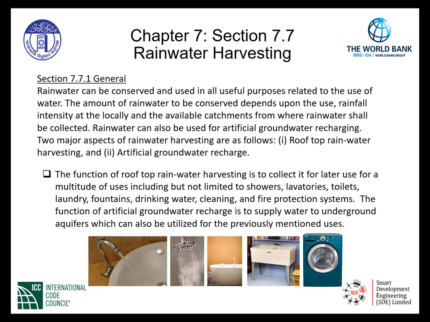The function of rooftop rainwater harvesting is to collect it for later use for a multitude of uses, including but not limited to showers, lavatories, toilets, laundry, fountains, drinking water, cleaning, and fire protection systems. The function of artificial groundwater recharge is to supply water to underground aquifers, which can also be utilized for the previously mentioned uses.